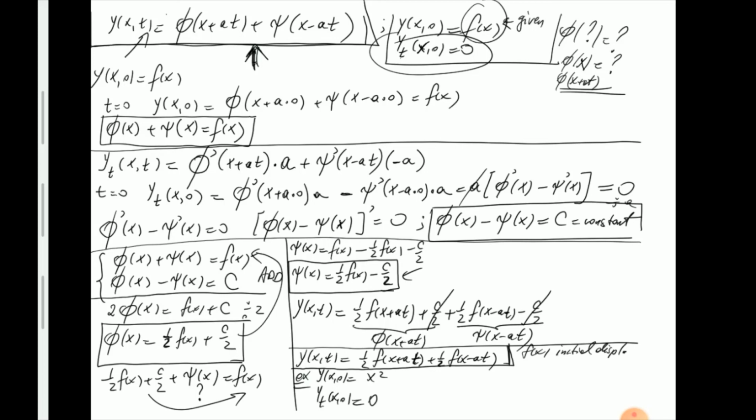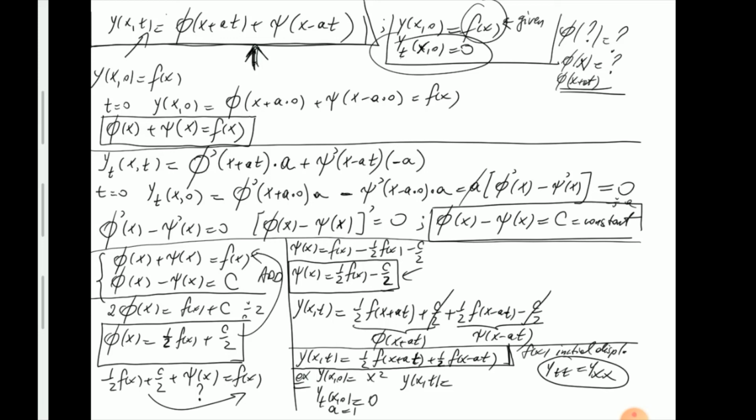But like I said, you are given a displacement, which is a function of x. You are given the velocity, which is equal to 0. If that's the case, then you can just go right away and say the solution of the wave equation. And by the way, just to make it nice, let's say a equals 1. So let's say the wave equation is ytt equals yxx, right? So that coefficient a is equal to 1.